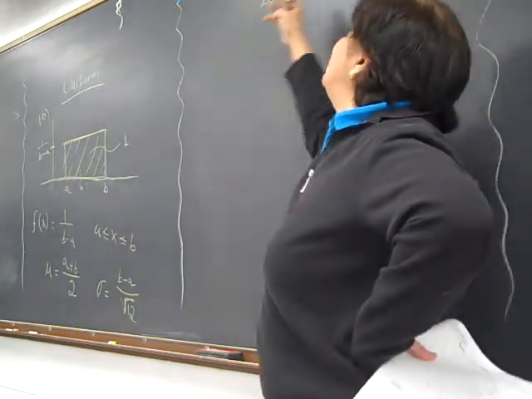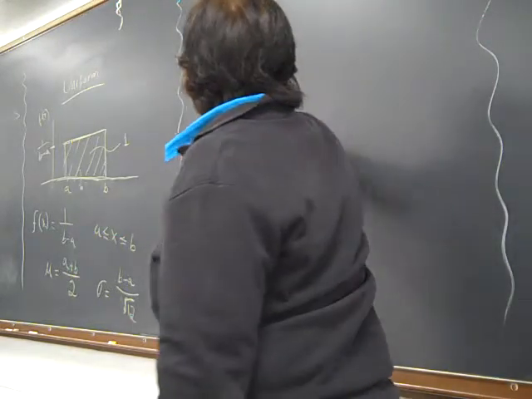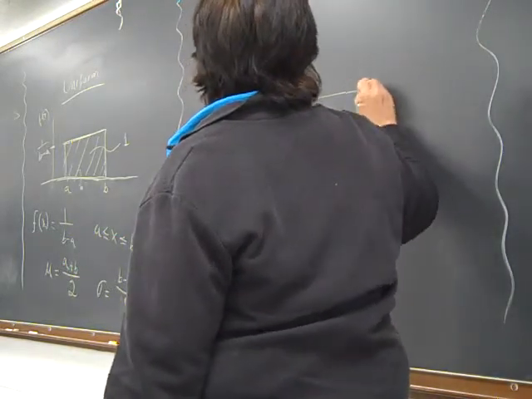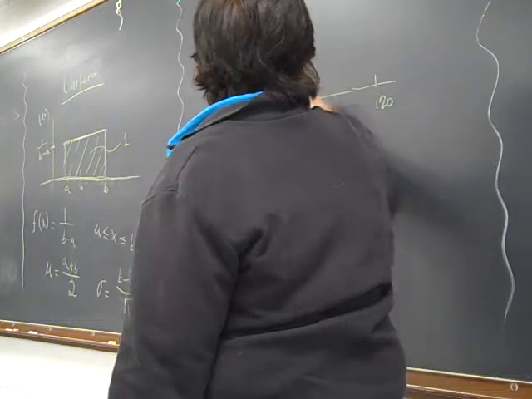Okay? So this is A and this is B. So I know that this is 20 and this is 120.